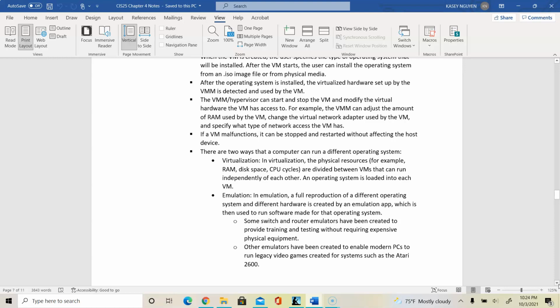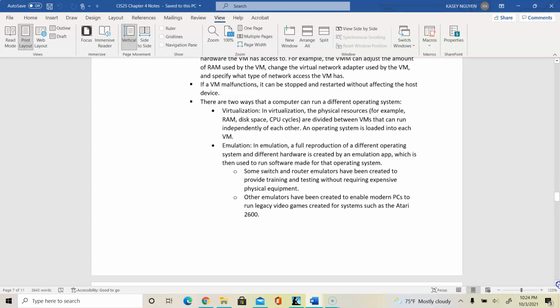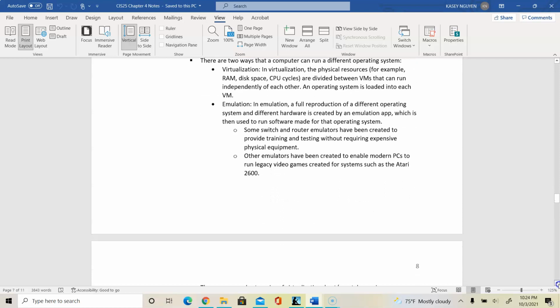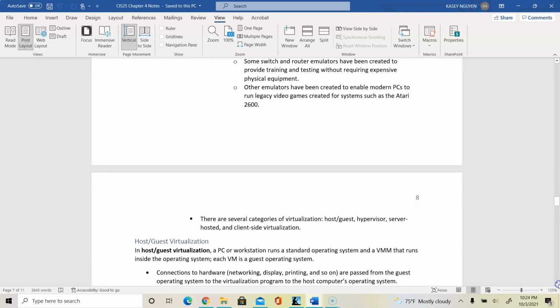So to incorporate emulators, you would use the router and the switch to be able to test how the system would communicate and convert in different parts of the cloud into your network. And so the modern PC would be able to incorporate the emulators as they would have the capability to use RAM and connectivity.